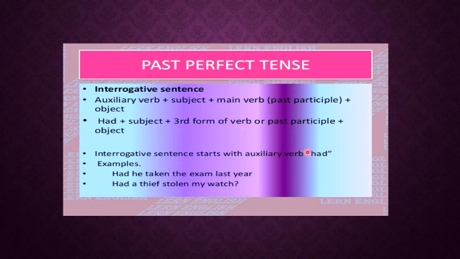Interrogative sentence starts with the auxiliary verb or helping verb had, and it should be capital. Punctuation is really important. So had he taken the exam last year? There should be a question mark. Had a thief stolen my watch? Taken is the third form of the verb take. Stolen is the third form of the verb steal.